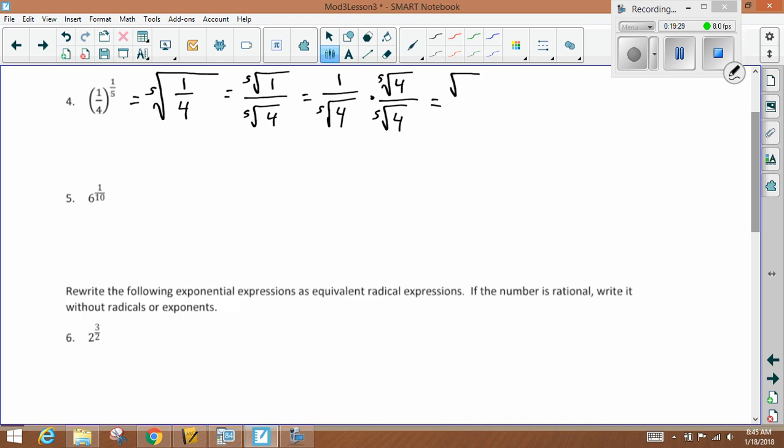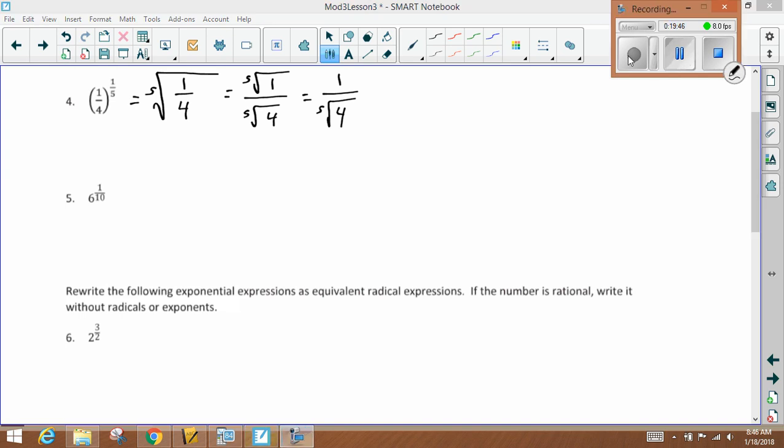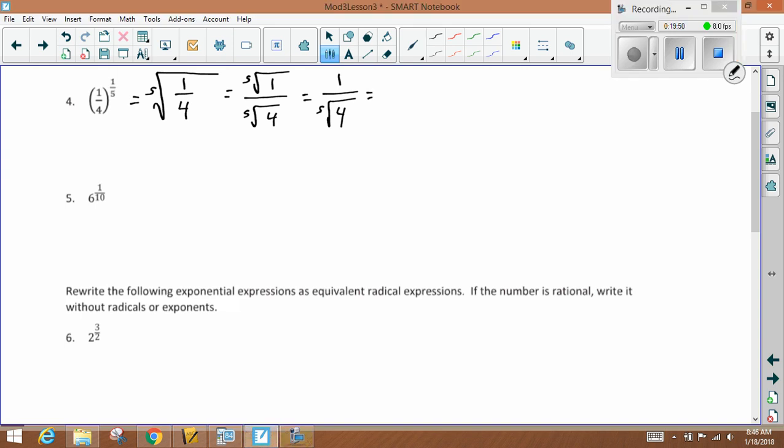So that becomes the 5th root of 4, and the 5th root of 4 times the 5th root of 4 is 4. Yeah. So sorry, my clever number 1 was wrong. So what I'm going to do is actually write this as 1 over 4 to the 1/5 power.